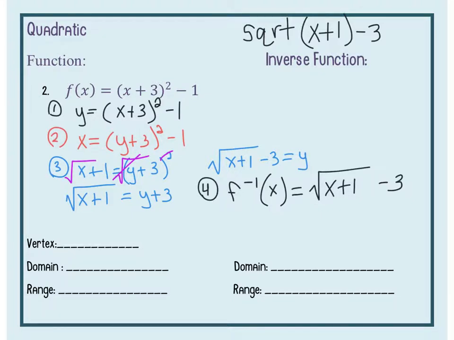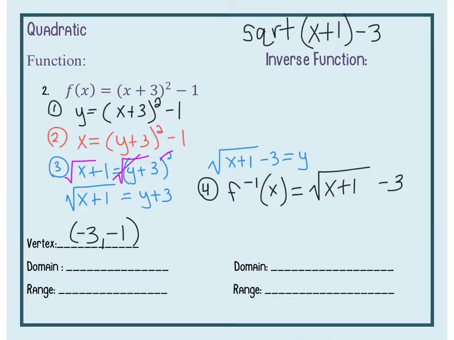Okay? So let's go back to the original. That's my answer, but let's go back to the original function. What is my h and my k? H, you change the sign. So it's -3, -1. Your h is your domain. Your k is your range.